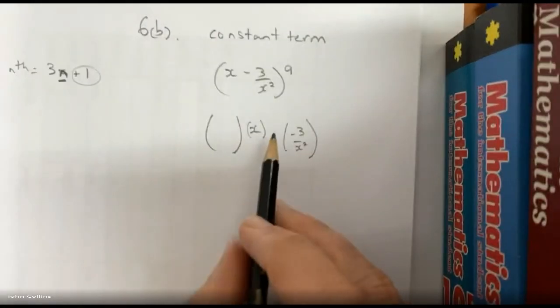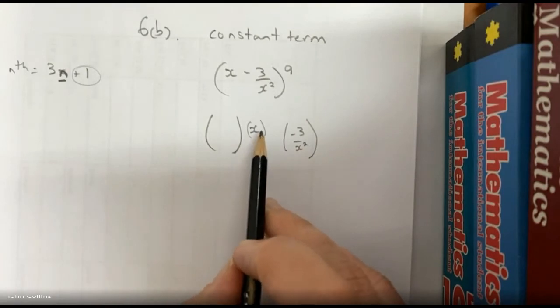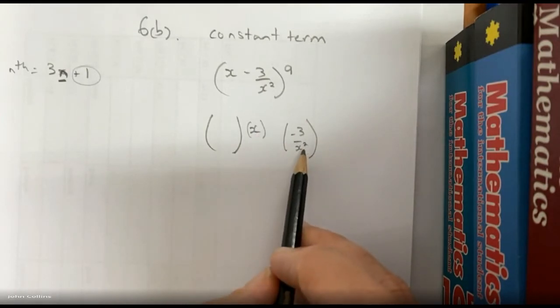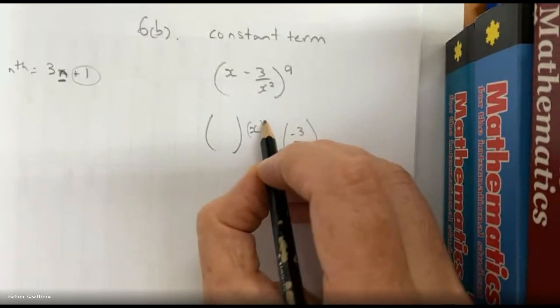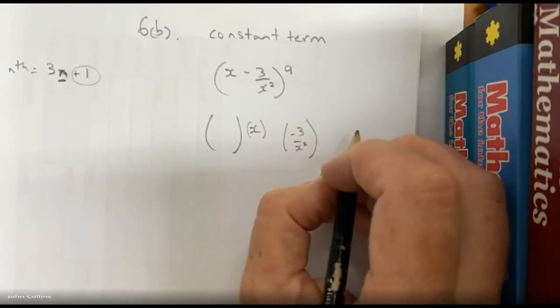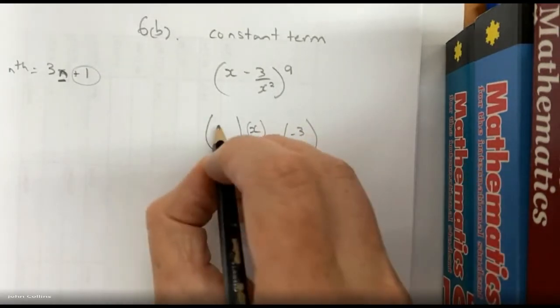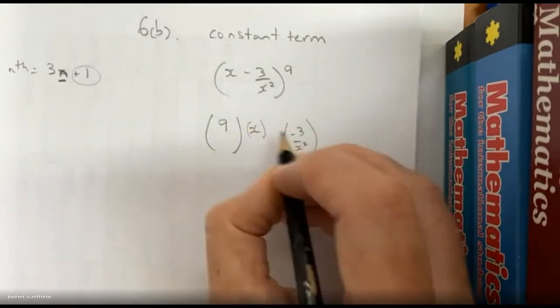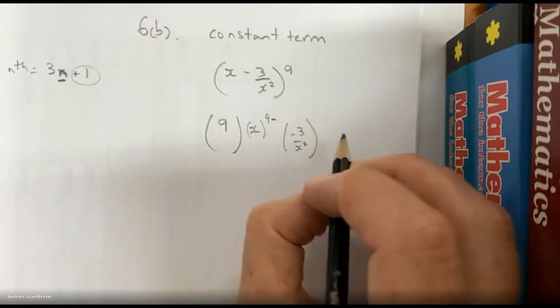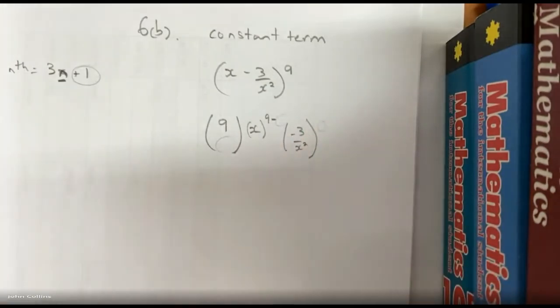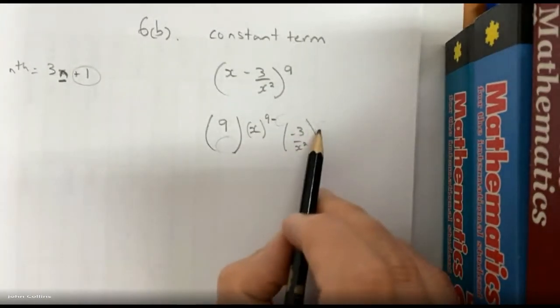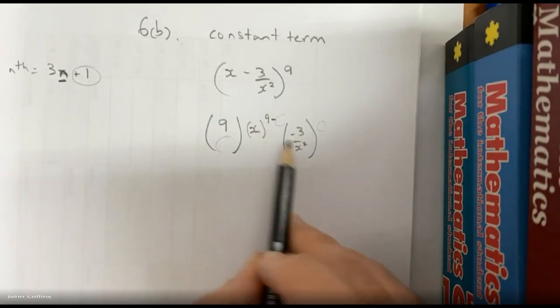But if we think about it, this one needs to be twice the power of this one so that they cancel out. So what's the power going to need to be? We can put in r and n minus r. I know that n is going to be 9 anyway, so it's going to be 9 take away something. That's what we need to find. What is the r? What is the power? Anyone know what that r should be in order for this one to be double that one?